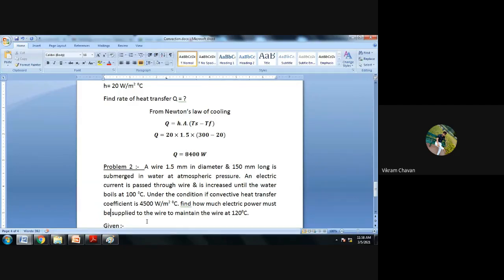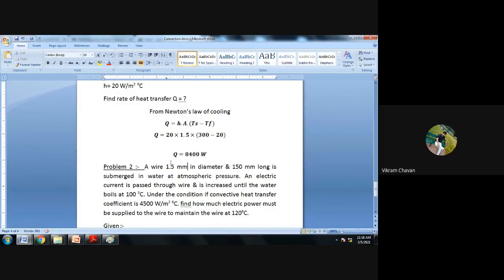Okay, getting the problem statement, everyone? So a wire is provided. Now here there is no rectangular geometry; here cylindrical geometry is there. The wire is a cylindrical geometry because it has a diameter and a length.